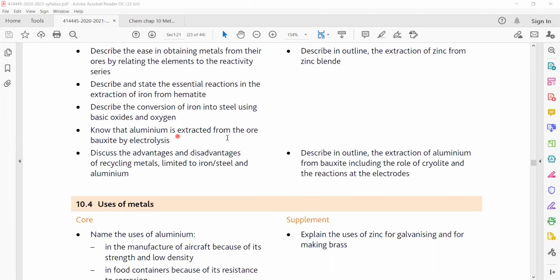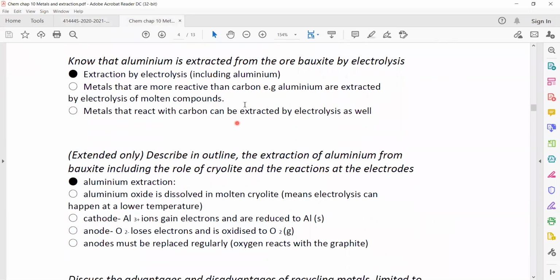Aluminium is extracted from the ore bauxite by electrolysis. For the extraction of aluminium, we have a metal that is more reactive, so we extract it by electrolysis instead of reacting it with carbon. And aluminium ore also contains iron oxide.